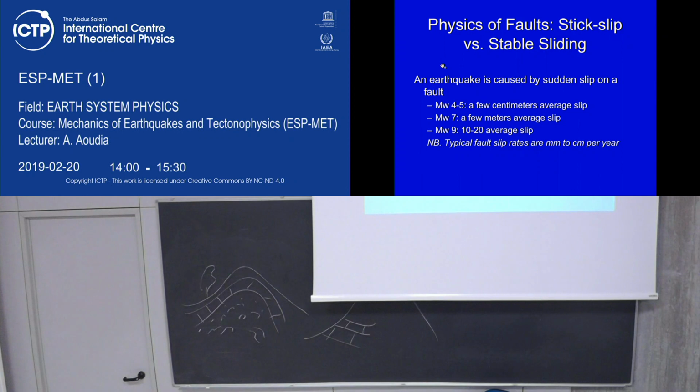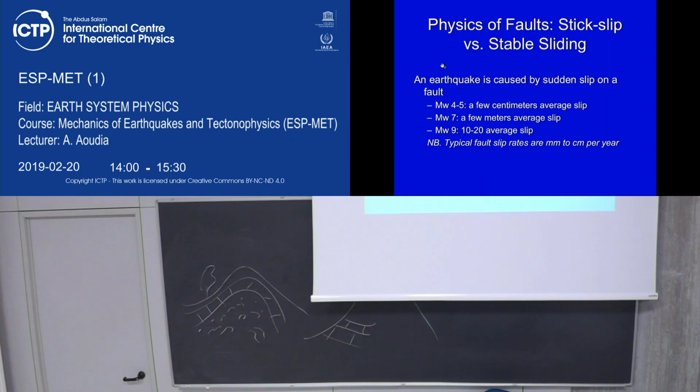But the average slip that you would use to reconstruct the magnitude is the slip within your centroid. You should know what the centroid depth is. It should be of the order of a few centimeters.